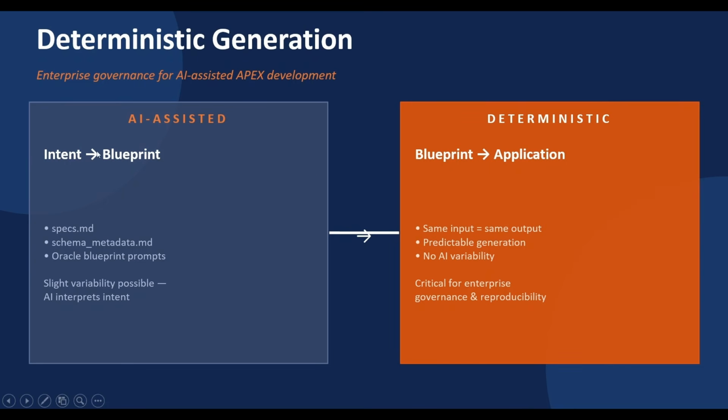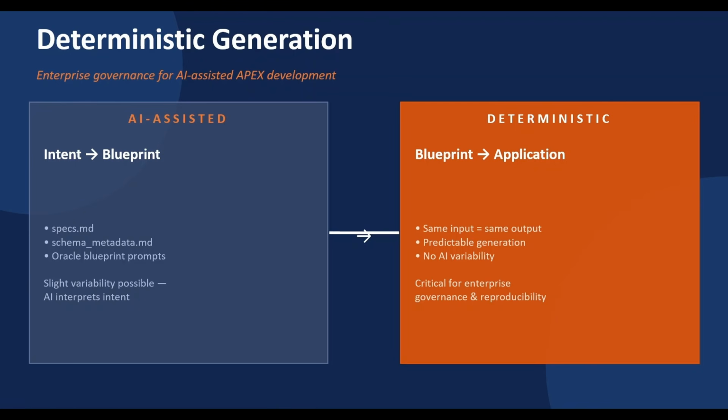And yes, this is AI assisted development, which is purely based on AI. So here APEXLang doesn't play a role. This is spec driven app development. Here we can see that when the intent is converted to a blueprint, that is the spec and the schema, when we provide it to AI, there is a high chance the output might be a bit different, because it is AI which is creating that blueprint for us.